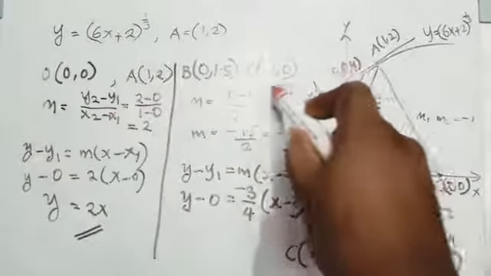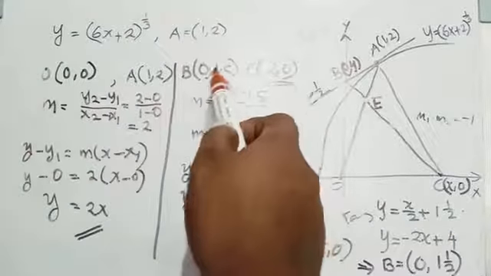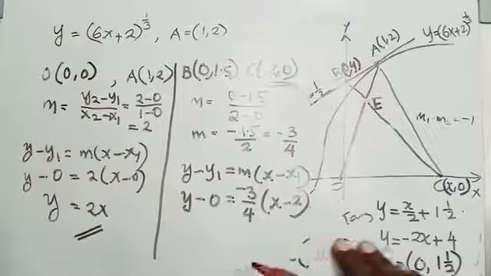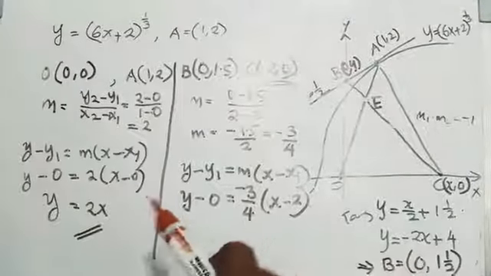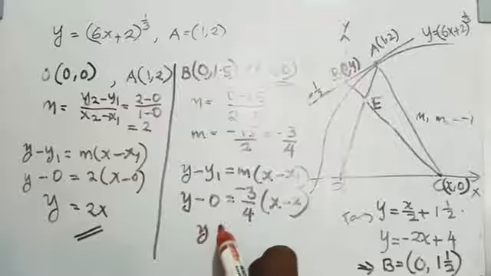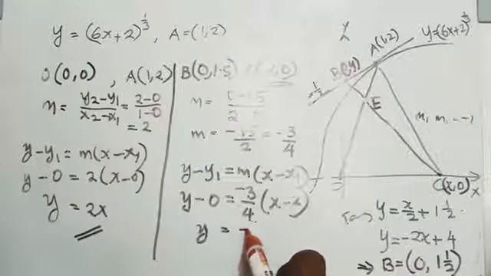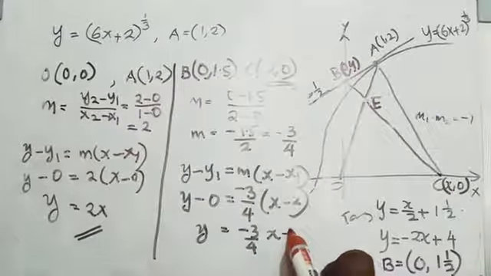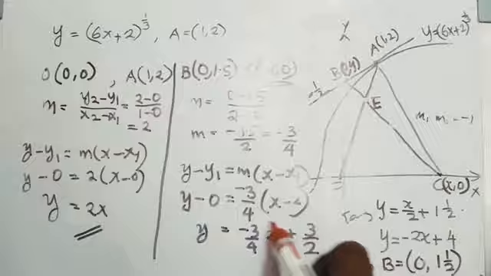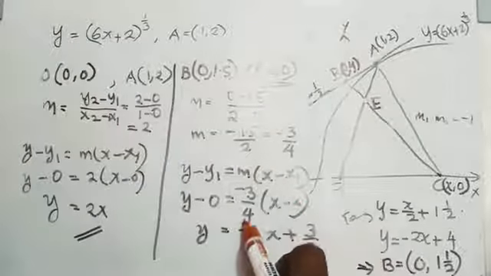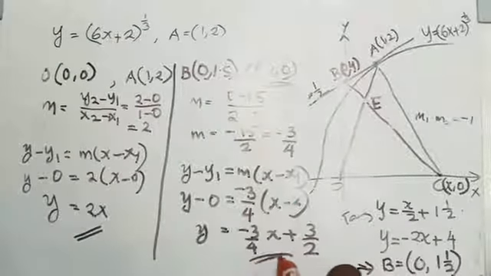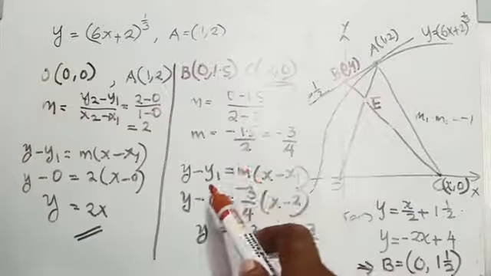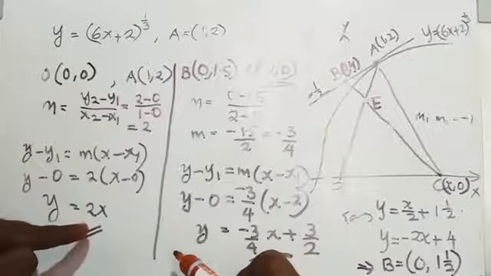I have taken this point to avoid the decimal; you can take the other point also, it's your convenience. When we expand the bracket, we get minus 3 by 4 x plus 3 by 2, because 3 by 4 into 2, the 2 and 4 get cancelled. So this is the equation of line BC, and the equation of line OA is y equals 2x.